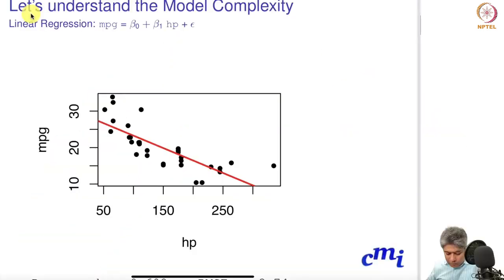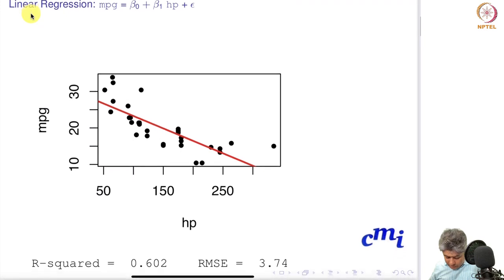Let us start with a simple example with our mtcars data set, where on the x-axis we have taken horsepower and on the y-axis miles per gallon, and this is the scatter plot. We have fitted this line: miles per gallon equals beta naught plus beta 1 horsepower plus epsilon.